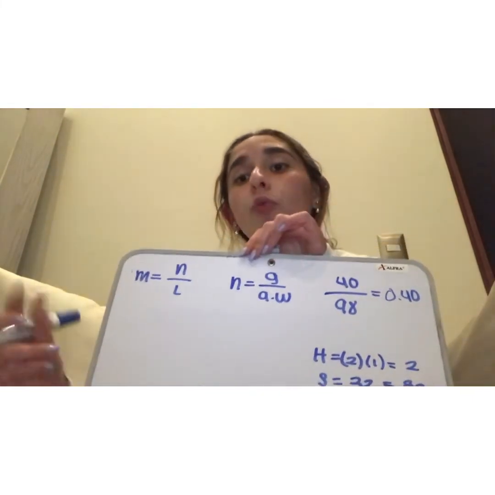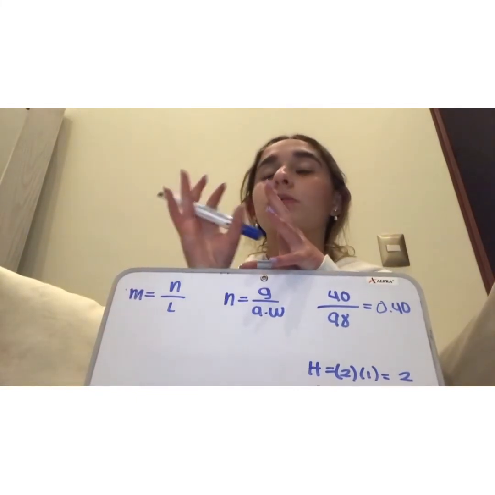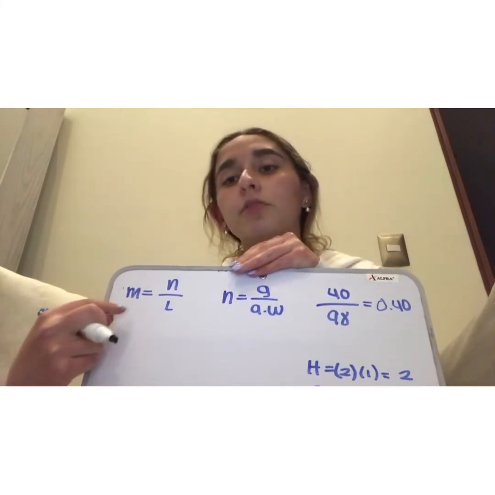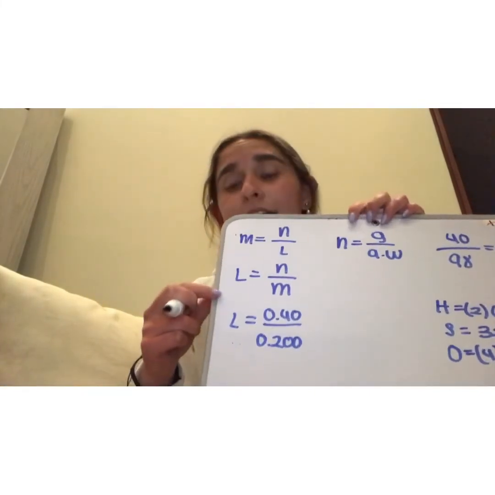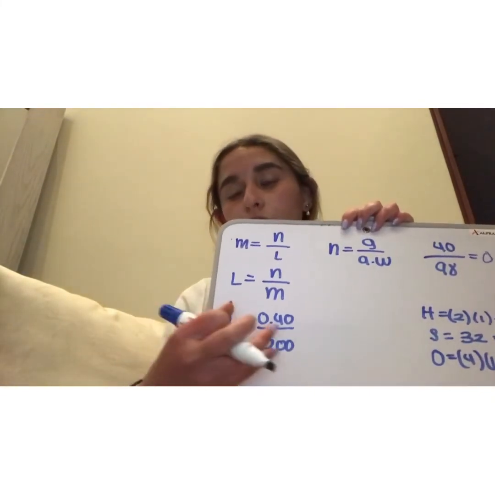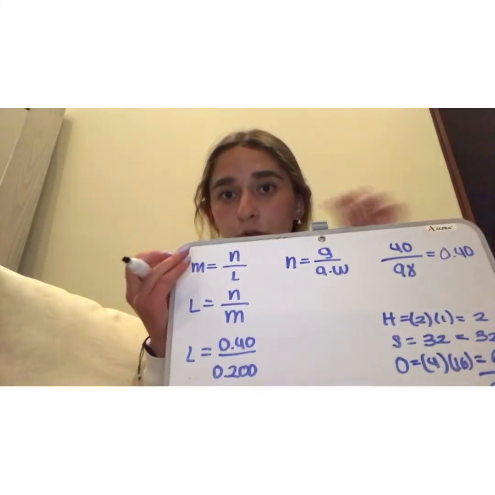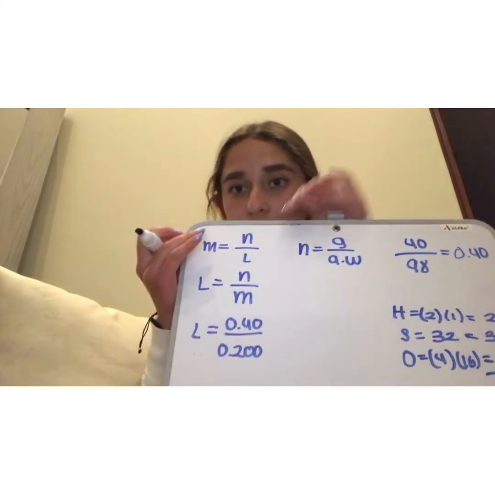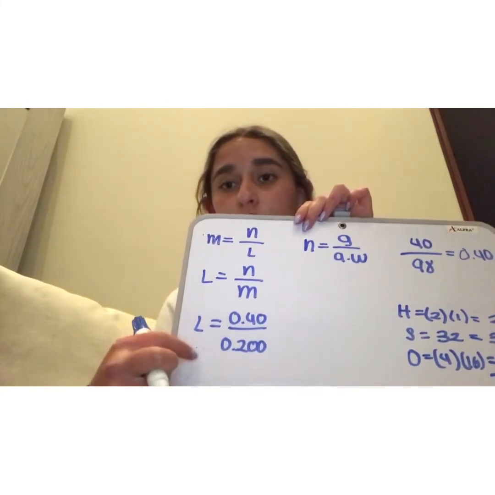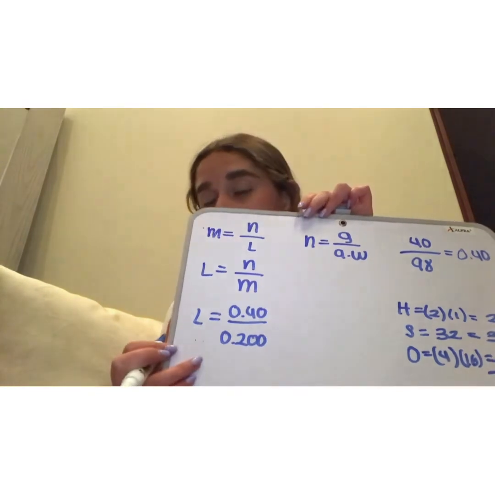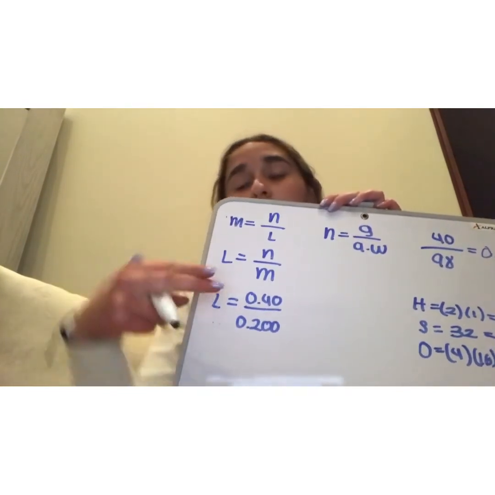So we have already our moles. Now we need to leave alone the L, because we want to know the milliliters, and we already have the molarity and the moles like this. And now this is with the corresponding numbers. Liters is equal to moles, that is about 0.40, and here our molarity is equal to 200. So here we have these ones, and we need to divide.